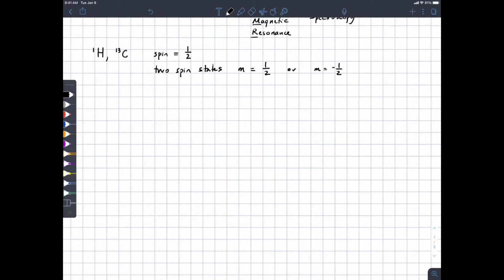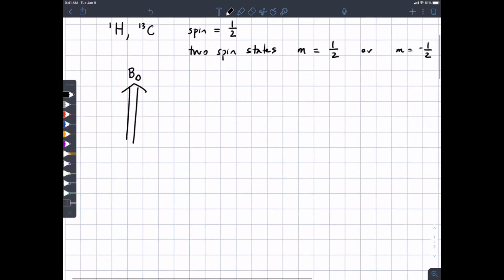But if you put the proton in the presence of an external magnetic field, which I will represent with that arrow and the letter B with a 0, or a not, sure why your text does that, but we'll stick with that. So this is the applied external magnetic field. As soon as you do that, you split the energy of those two states.